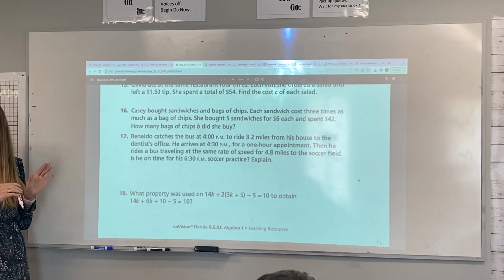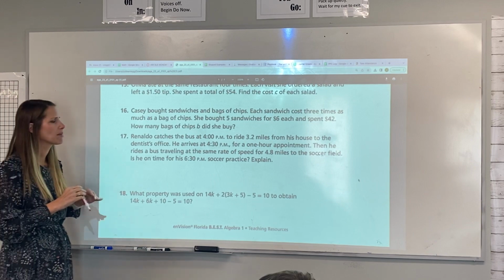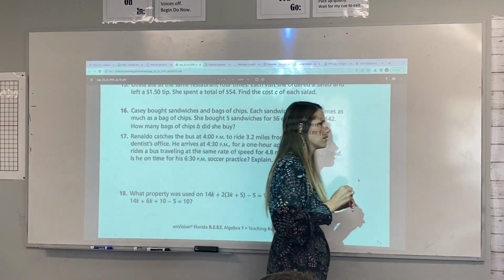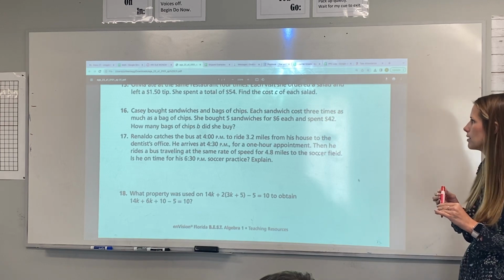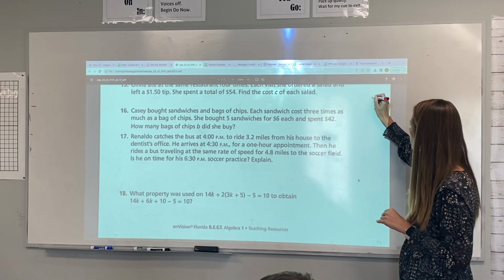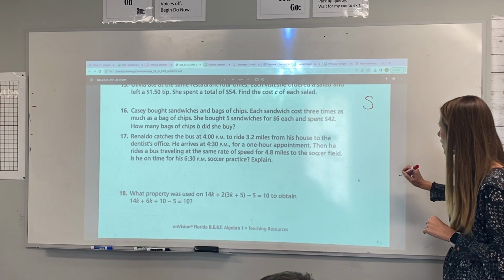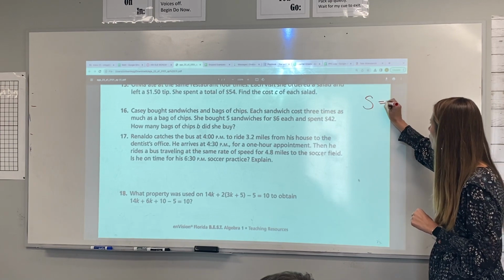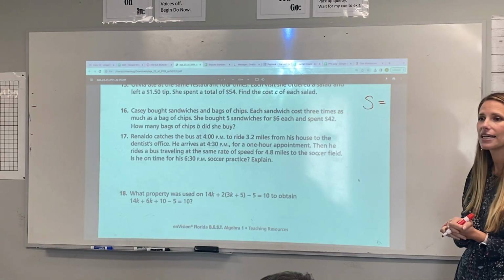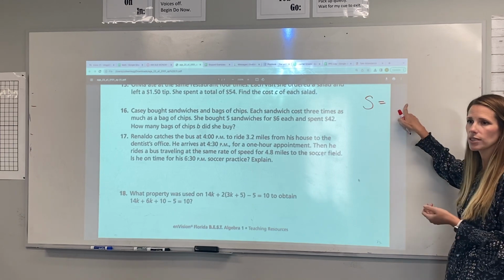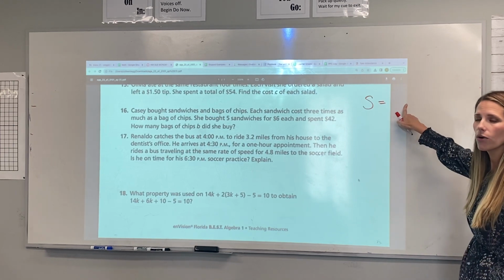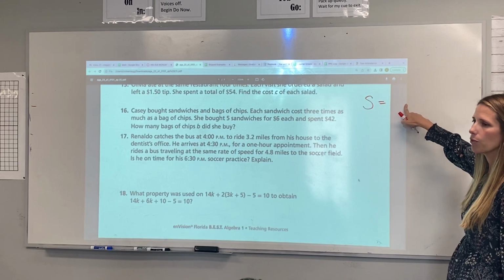Let's pause there for a second, okay? And let's talk about how we can represent the sandwiches and the bags of chips. The sandwiches, we'll say S, right? The sandwiches cost 3 times as much as a bag of chips. How can we represent that? It's okay if you use another variable. Okay, well, let's pause here. Emily O, what do you think?